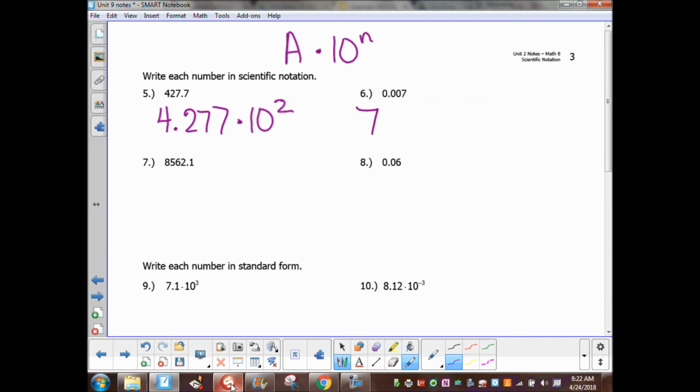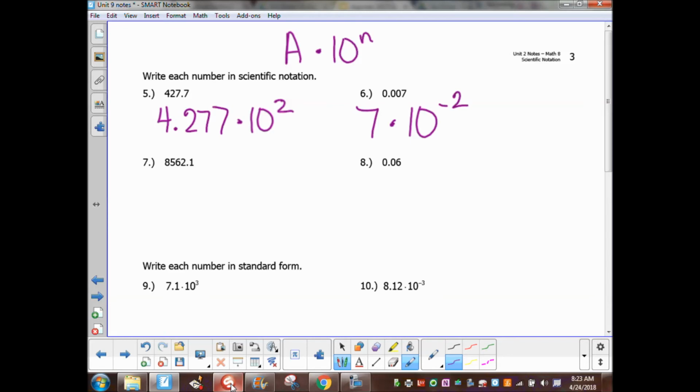So 7 times 10 to what exponent? What do you think? Is this a really big number or a really small number, this 0.0? Really small. So we think it has to be a negative. What negative number should it be? What do you think? -2?